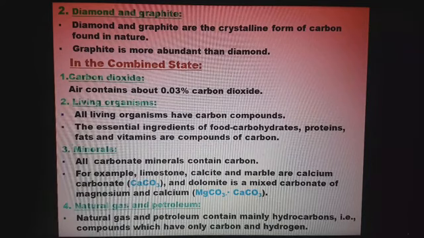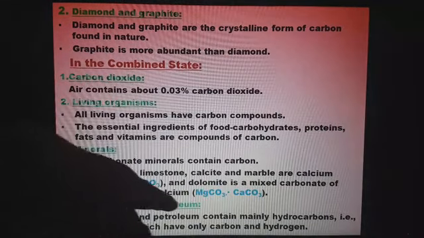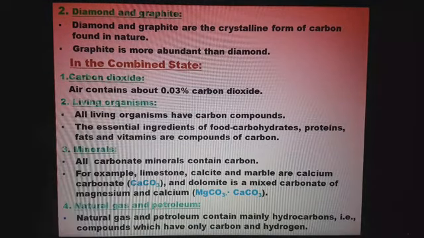So this is one of the combined forms. Then dolomite is a mixed carbonate of magnesium and calcium. So this is one of the examples of the compound in which carbon is found in the combined form. Likewise there are various other carbonates in which carbon is found in a combined state with other elements.